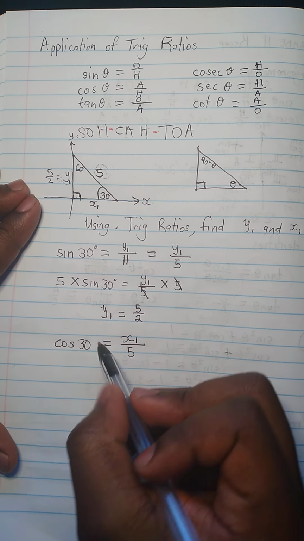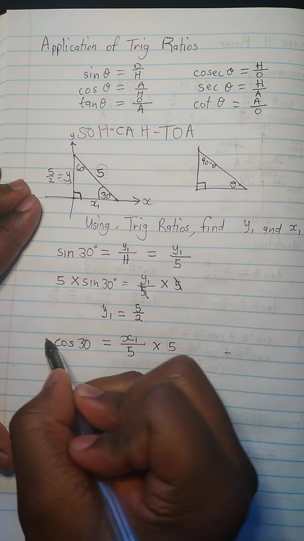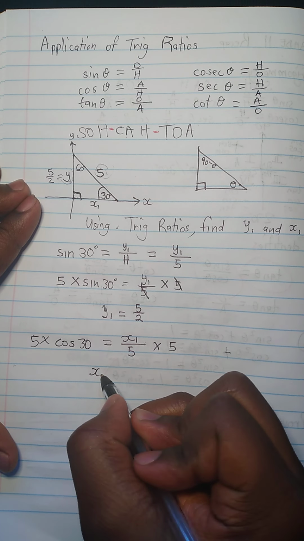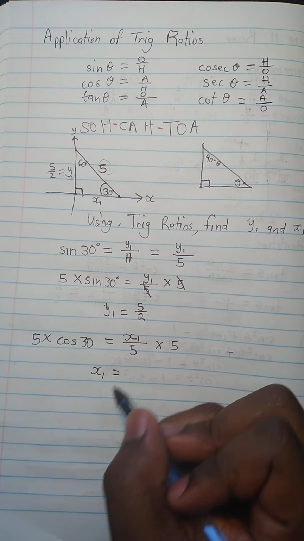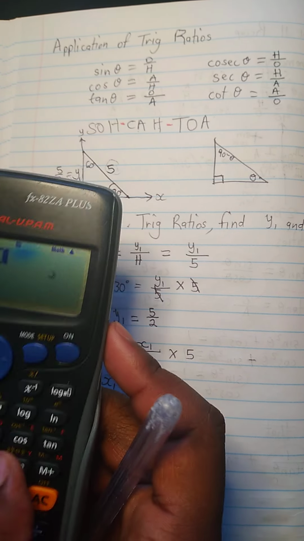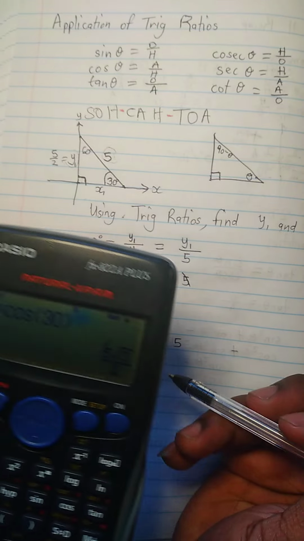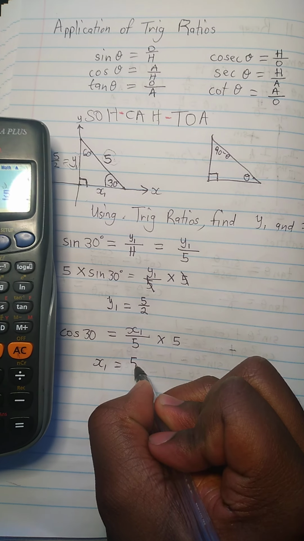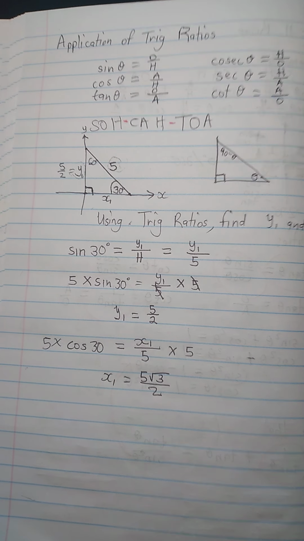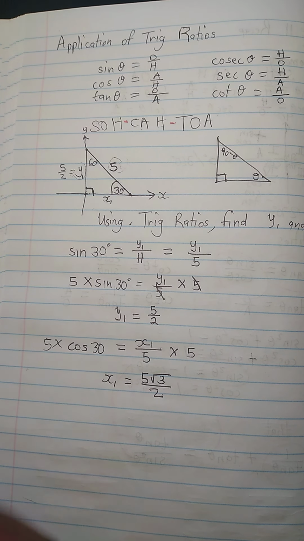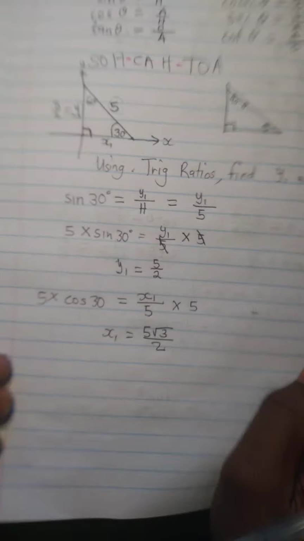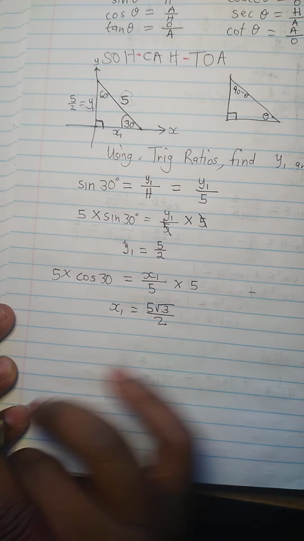When you multiply by 5, you isolate x1, which is equal to, let's press in the calculator again, cos 30. There's our answer, 5√3/2. So those are just an example. It's not really gonna show up like this in your questions.